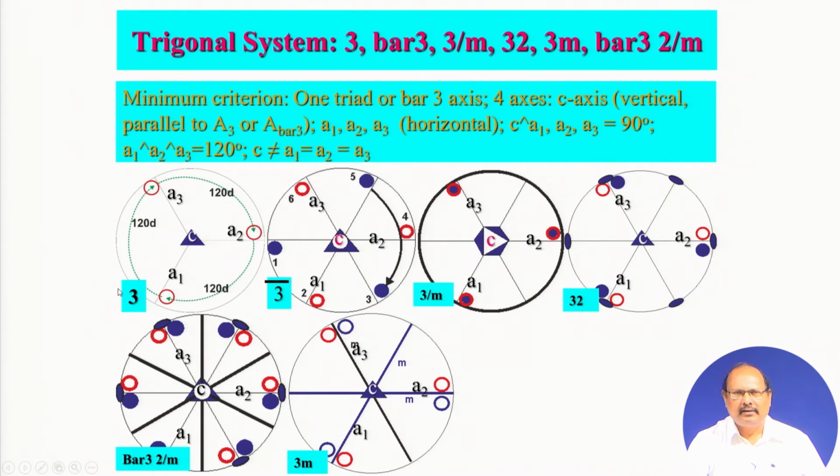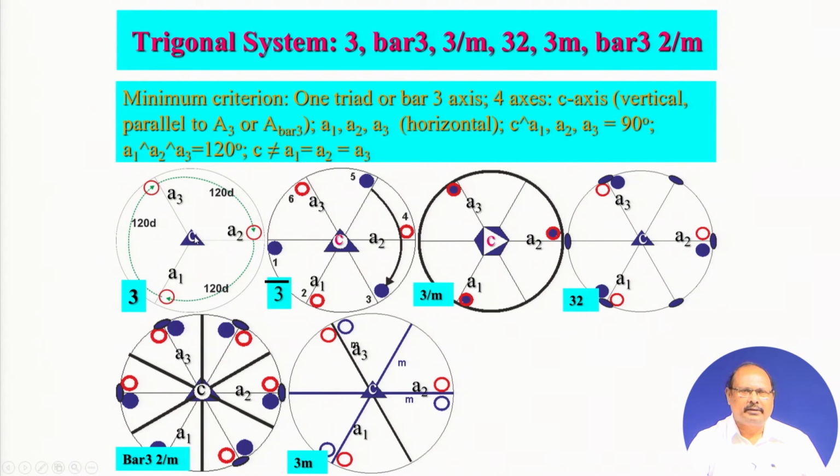What do you have here in 3? Your vertical axis is your C crystallographic axis, and it coincides with the threefold axis of symmetry, and you take a plane perpendicular to the C crystallographic axis, that will be this horizontal plane and this circle that is shown here. So, in this horizontal plane, let us mark this direction as the A1 direction.